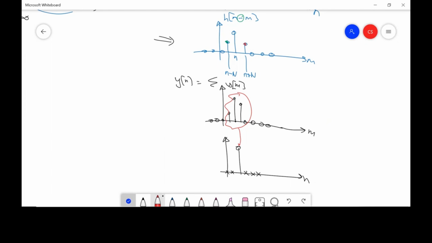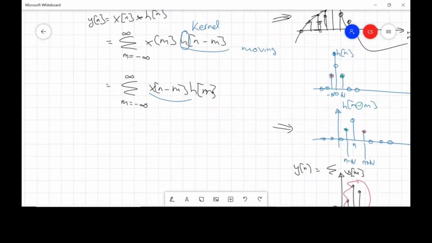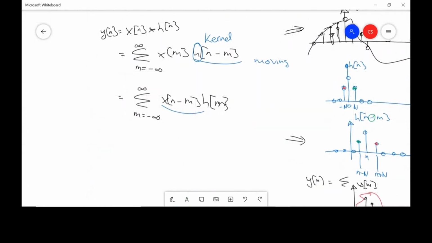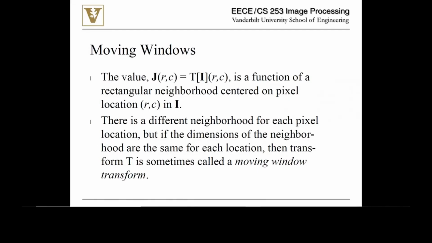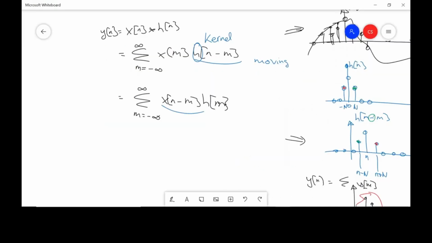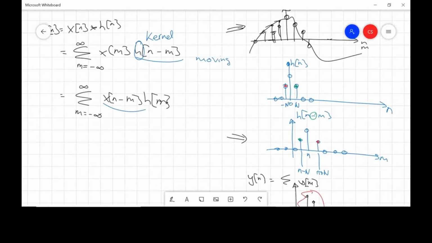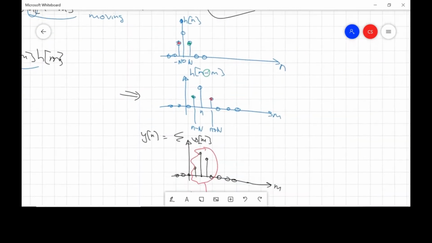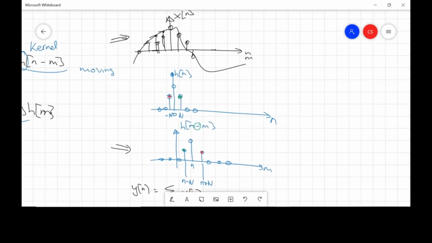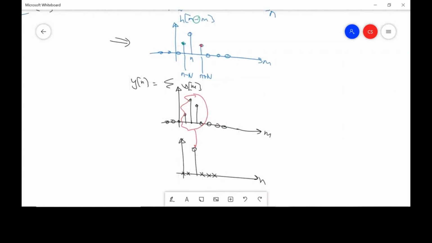Now, this is for 1D signals, which we know. Let us see the slides and follow these ideas. The most important message here: if you want to compute y of n, say n equal to 3, or whatever, what I need is a neighborhood of y of n.